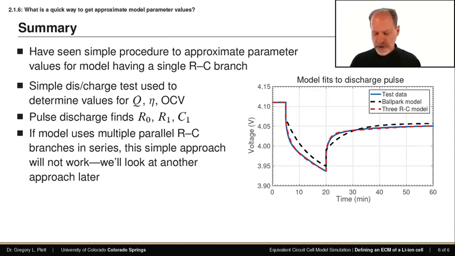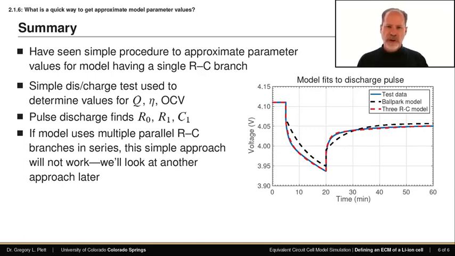And so you can do some things at this point. You can manually adjust the parameter values of the model to see if you can improve it. Or you can use an optimization procedure to see if you can improve it. So here I used a process that we're going to look at in a couple of weeks to also build an equivalent circuit model for this cell that used not only one pair of resistors and capacitors in the Thevenin model, but three pairs.